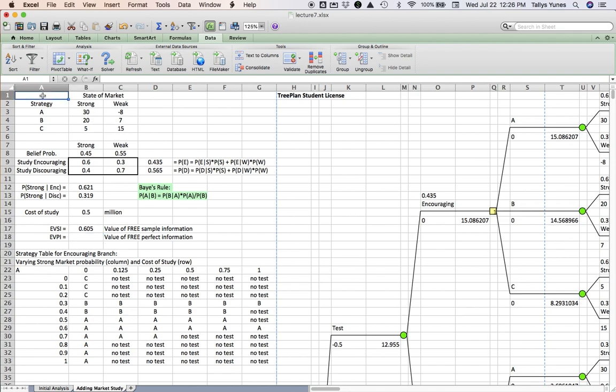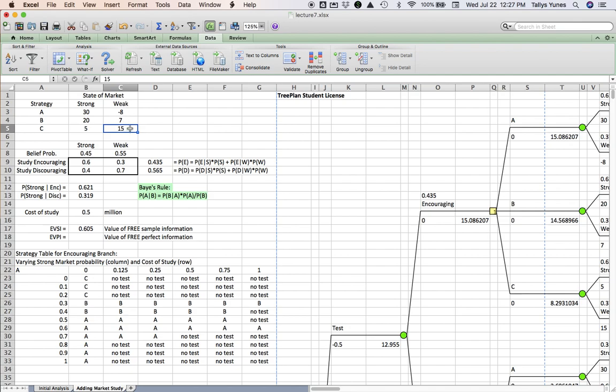If you knew ahead of time that the market is going to be strong, what would you do? Well, you just choose A, because A is the one that gives you the highest value in the strong column. And if you had a crystal ball that would tell you the market will be weak, you would go with C, because C gives you the highest payoff in the weak column.